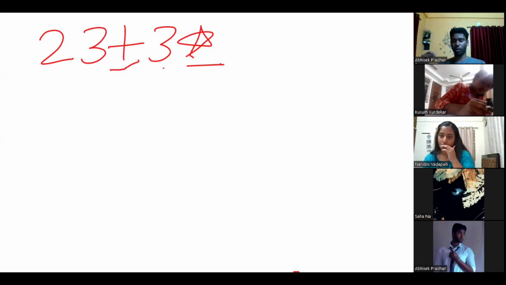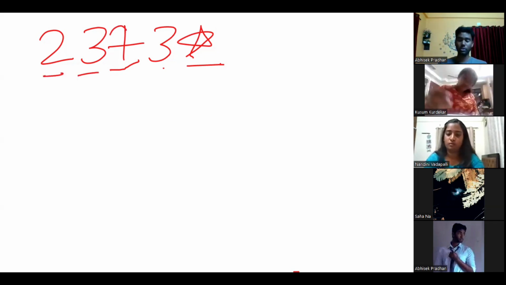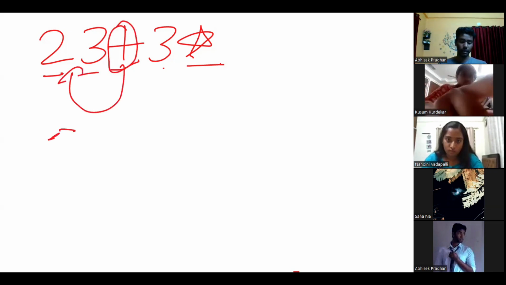Without actually performing the stack operation, you can evaluate it by hand. We know from the postfix expression that your operator will be added in between. So my first two variables, 2 and 3, will be considered. When I encounter an operator, that will be added in between. So that gives me 2 plus 3, which equals 5.